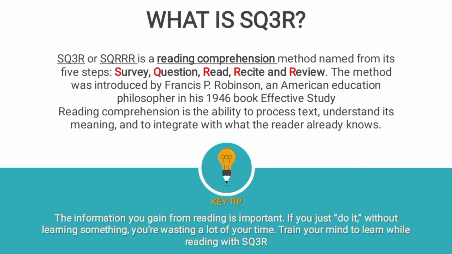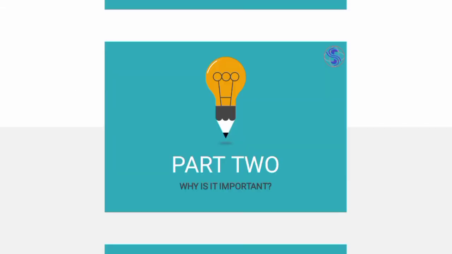So don't just read anyhow. If you read, you should read with the aim of learning something new, or learning even something that you've already learned, but learning it at a deeper scope. So you should train your mind to use this method because it's going to help you a lot. Okay, so let's go to part 2.